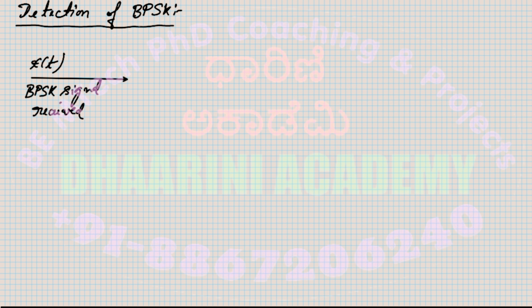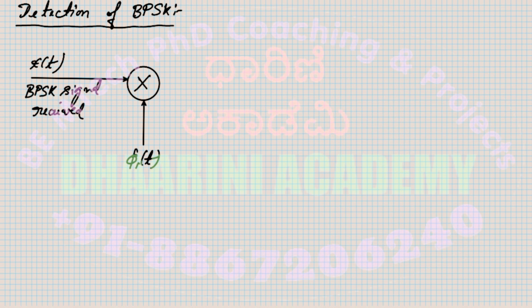Since this is going to be the coherent detection, we definitely expect that we know the value of the phi 1 or the carrier used. It's also called the basis function. All right. So let us multiply over here with the phi 1 of t.